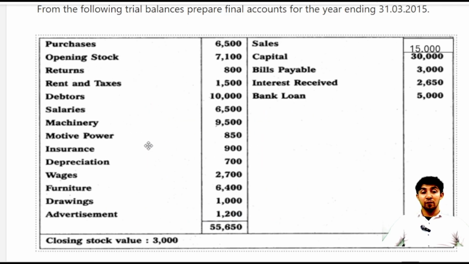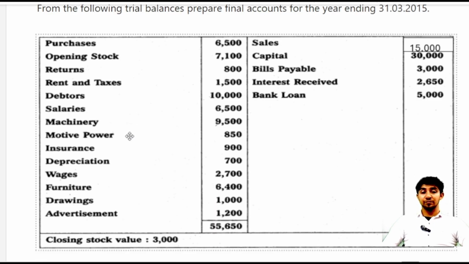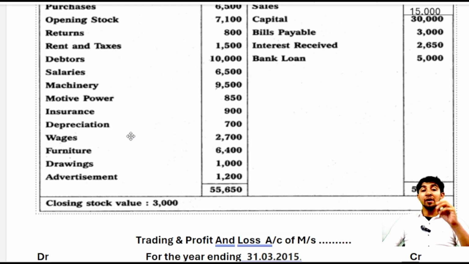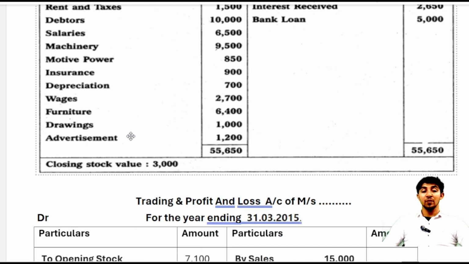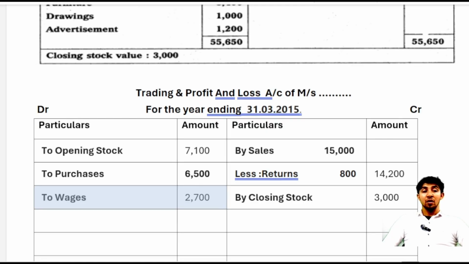Now let us look for trading expenses. Purchases done, opening stock done, returns we have considered. Rent and taxes is an item of profit and loss account. Debtors is our asset. Salary is the first item of profit and loss account. Machinery is our asset. Motive power is the expenditure related to factory. So directly we'll move towards the debit side of trading account and write motive power, that is 850.